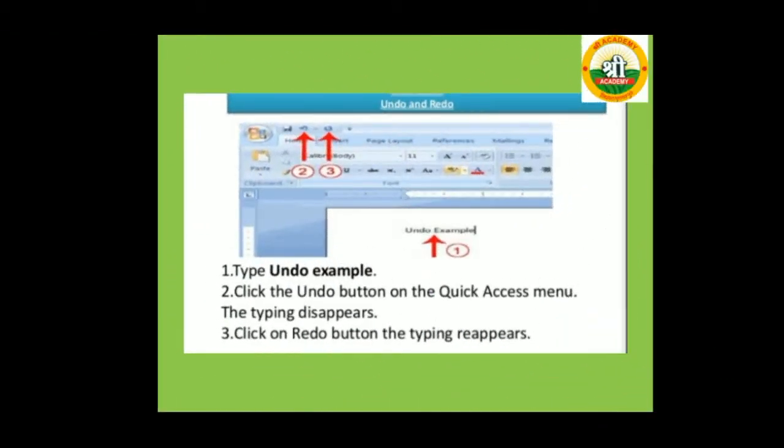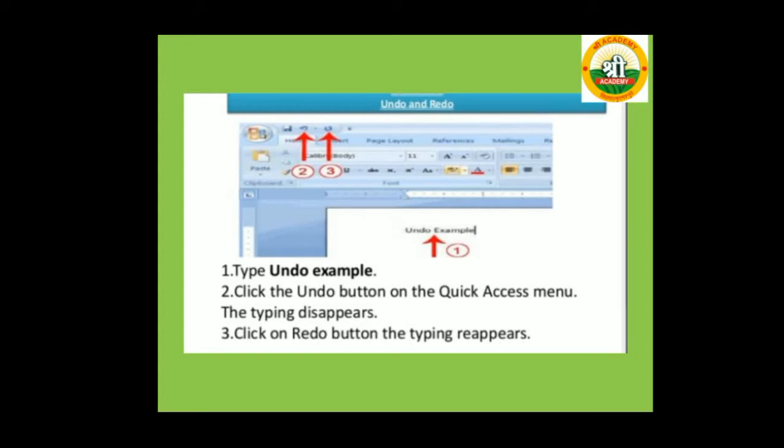You see here a quick access toolbar where the undo and redo commands are available. Some steps you follow for undo and redo: first, type some example text. Click the undo button on the quick access toolbar. The typing disappears. Third, click on the redo button.